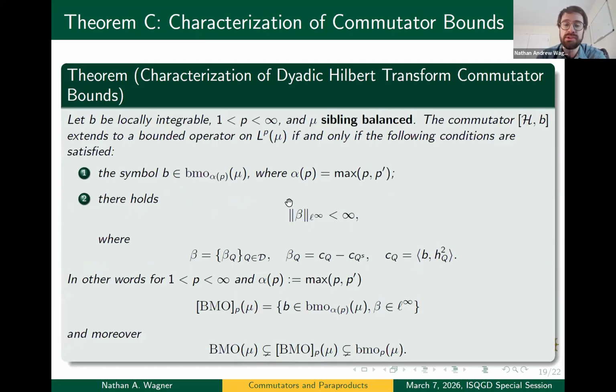So in this non-homogeneous setting, if we assume just the minimum regularity requirement on the measure mu for things to make sense, which is what we call the sibling balance condition, we get a characterization for the bounds on L^p of this commutator in terms of this somewhat technical condition. We call it commutator BMO_p, denoted by a bracket BMO_p.